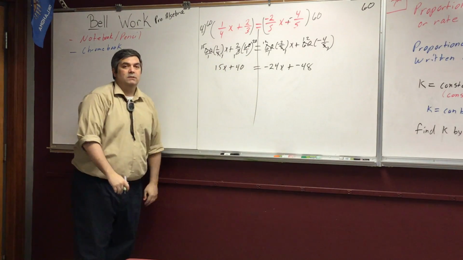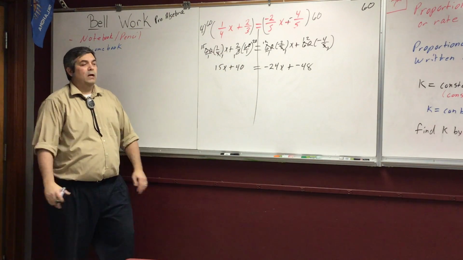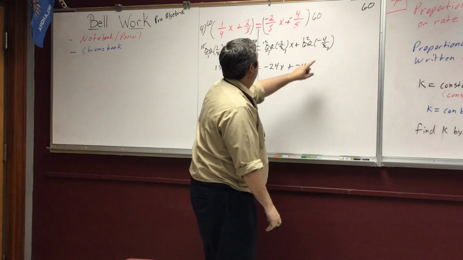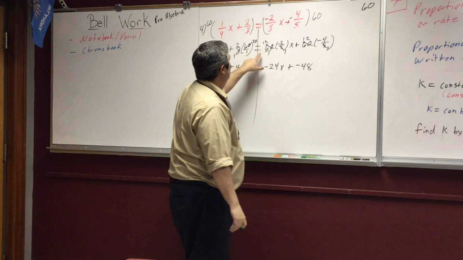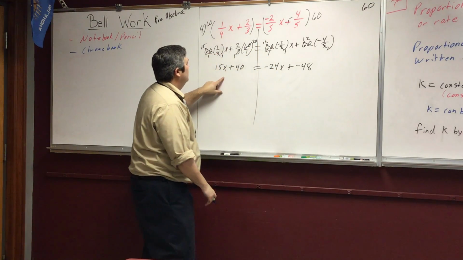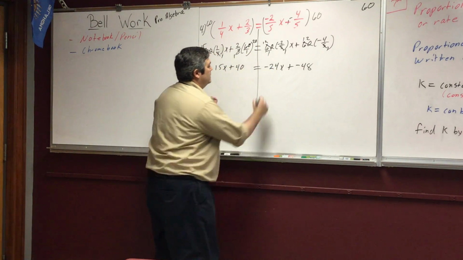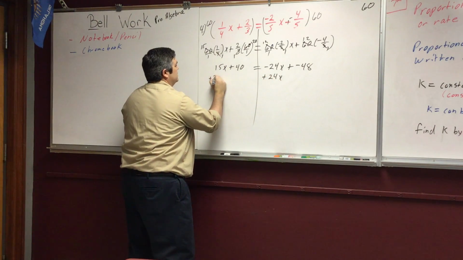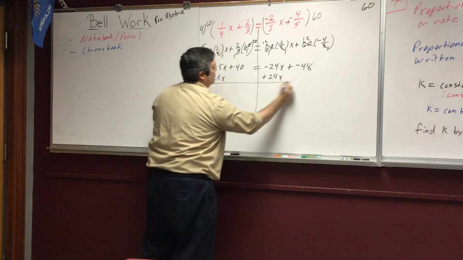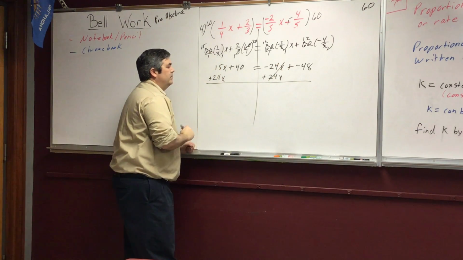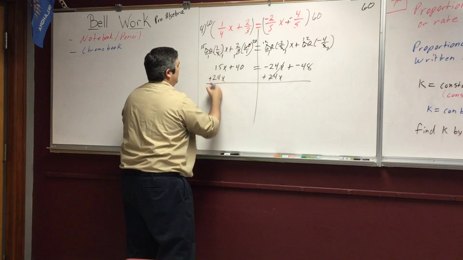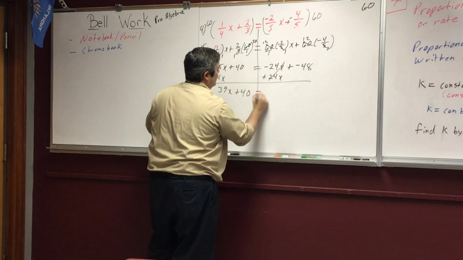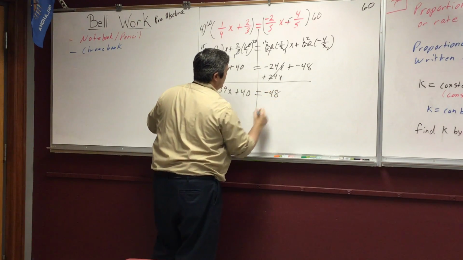And now I'm into my equation, and I can just solve right here. Make sure I have that right. 12 times 4, -48. Yeah. Okay, I'm good. All right, so plus 24x, plus 24x. These cancel out. Okay, then I have 39x plus 40 equals -48.